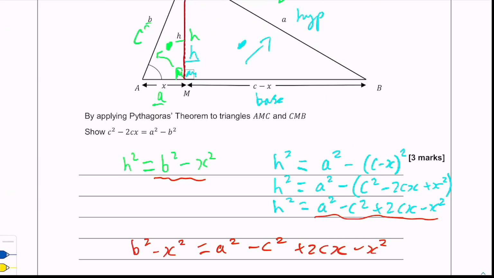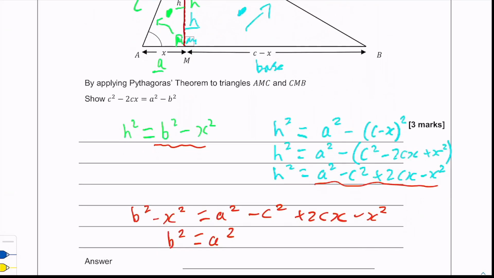Okay, what we're going to do is first of all plus X squared to both sides to get rid of the X squared over here, and when we do that they actually cancel out, so we just get B squared is equal to A squared, then we've got take away C squared plus 2CX.